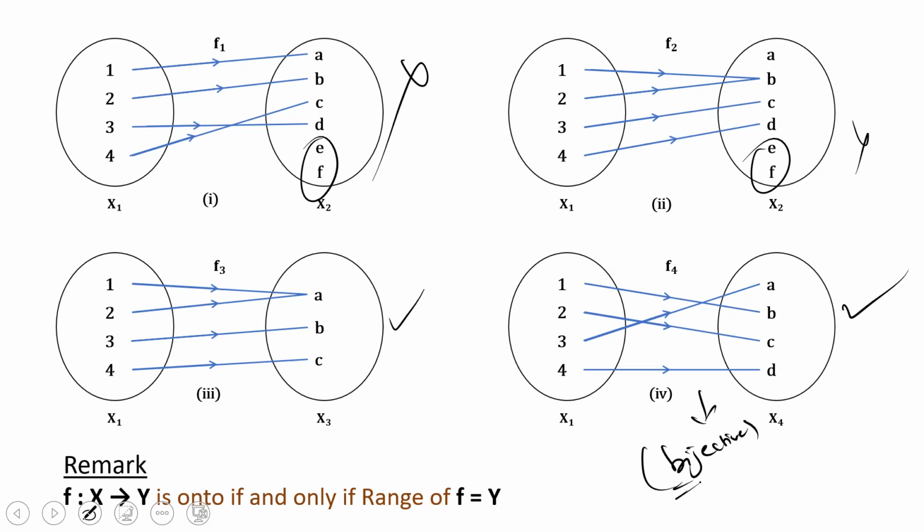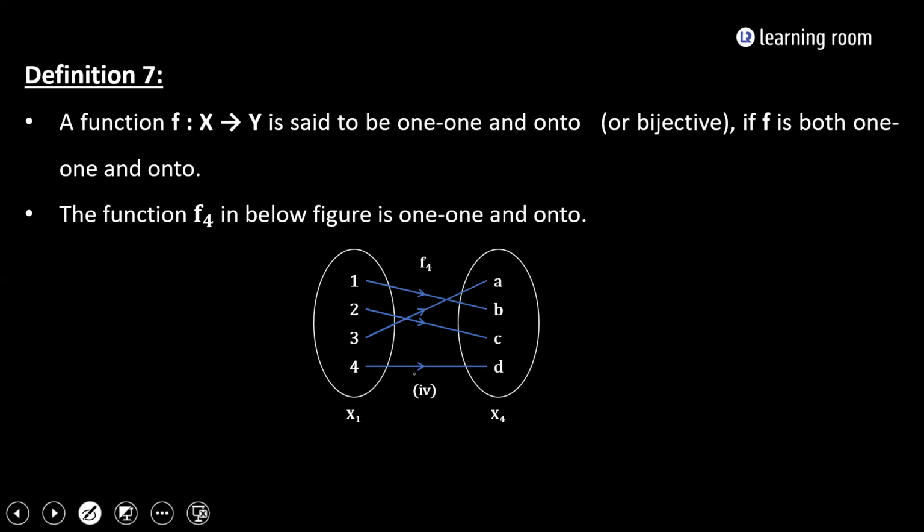What should you do to prove that a given function is onto? If a function is mapped from x to y, it is said to be onto if the codomain of the function is equal to the range. The third one in the diagram is surjective but not injective.